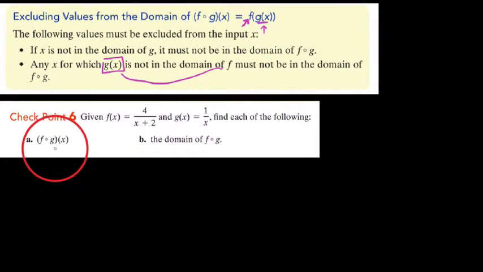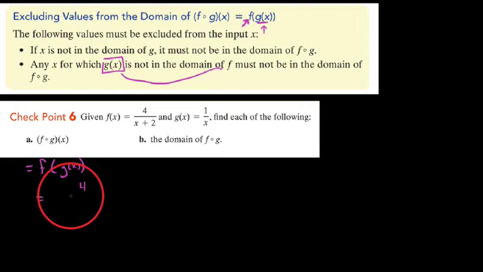We're going to start by finding f of g of x, which I'm going to rewrite. It looks like we're plugging g of x into f of x. When I plug into f of x, our rule says 4 over our input plus 2, and in this case what we're plugging in is g of x.